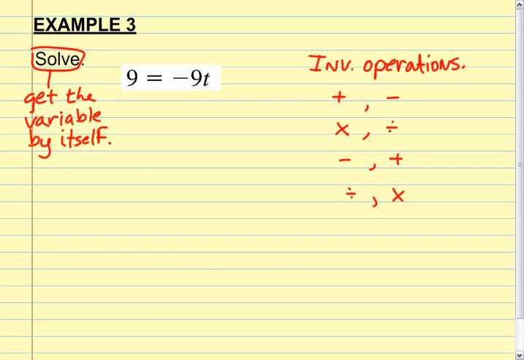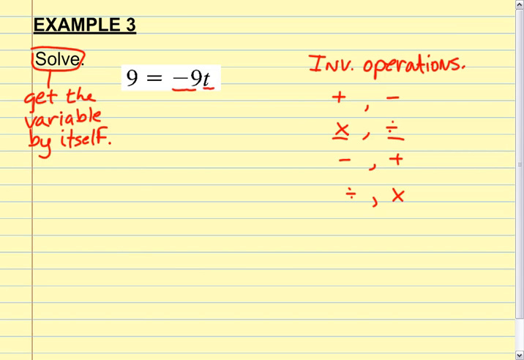These are the inverse operations. They undo each other. What is happening between the -9 and the t? What's happening right now between them? This problem says do this to these two things. Carl, they're being multiplied. So what undoes multiplication? Helena? Division.